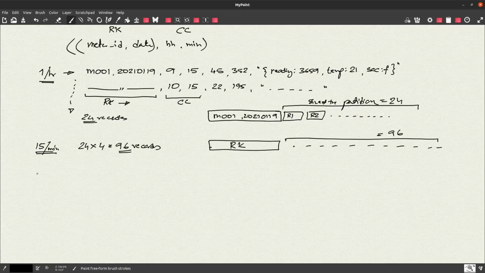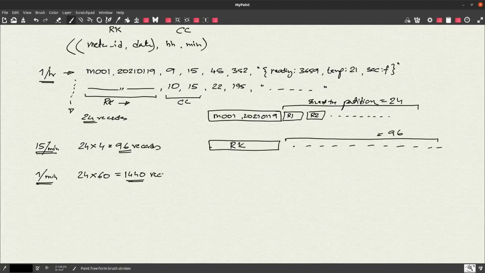What if the velocity increased to once per minute? So my partition size is going to be 24 times 60, which is equal to 1440. So my partition size, just by increasing the velocity, has become significantly larger.